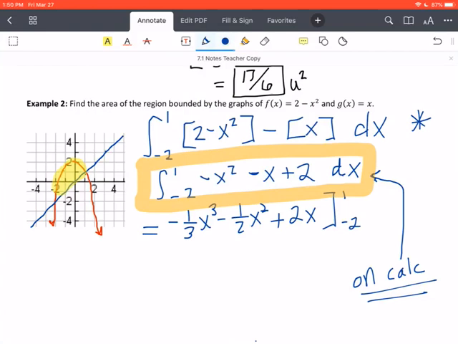Okay, and then from there, what I'd like you to do is, if you recall, you can use the calculate button, so it's second calculate, and then go to option number 7, which is the integral.